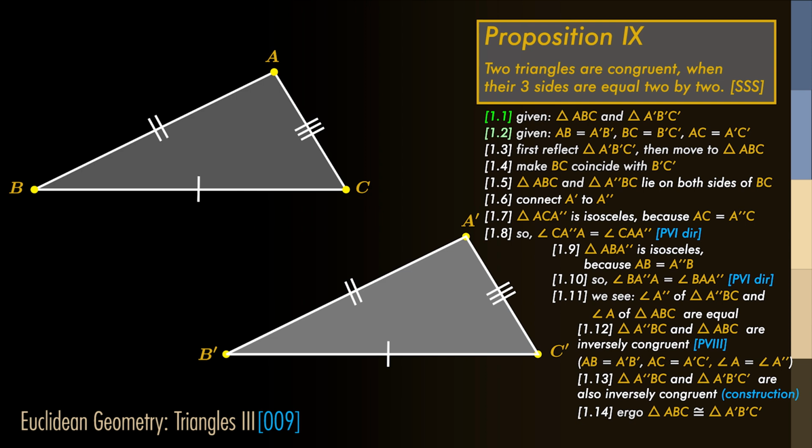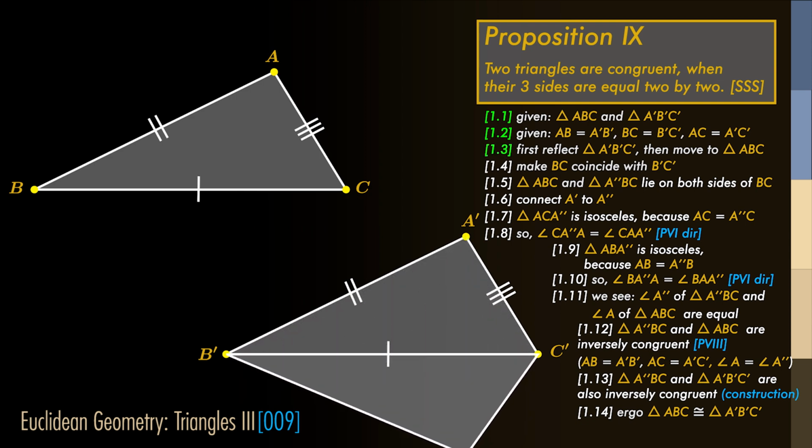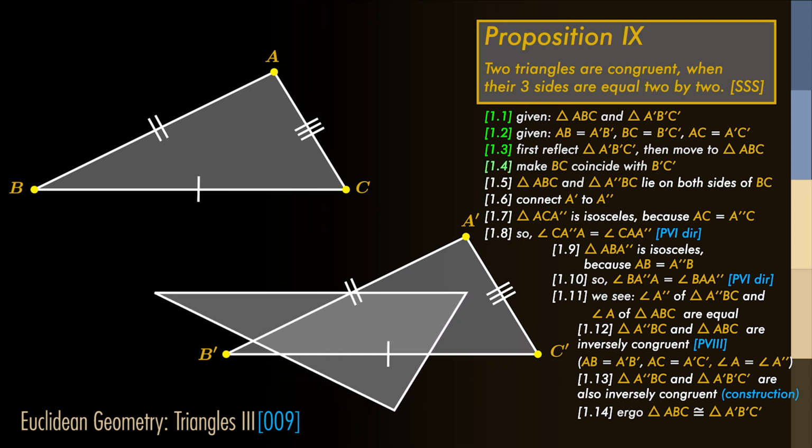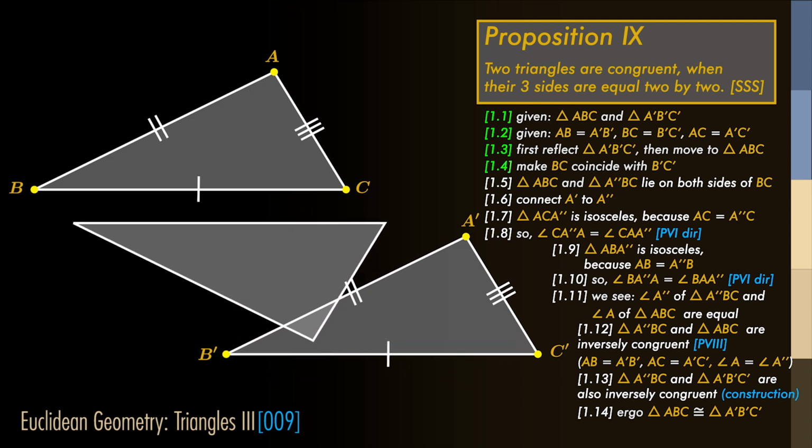AB is equal to A'B', AC is equal to A'C', and BC is equal to B'C'. The proof of the congruency starts by reflecting triangle A'B'C' and moving it in such a way as can be seen on the figure.